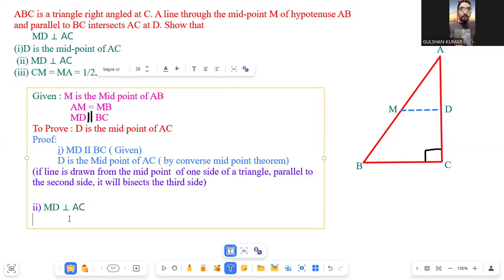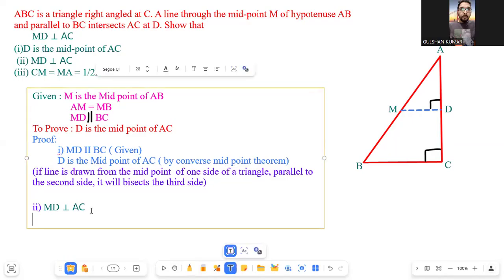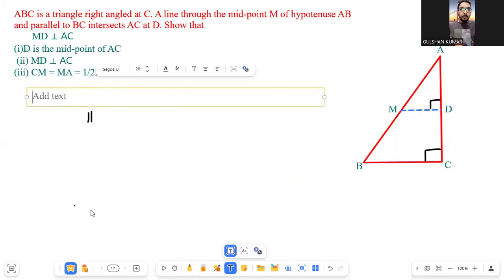So MD, here, this one, MD is perpendicular to AC. What we have to prove here is that it is perpendicular to AC.